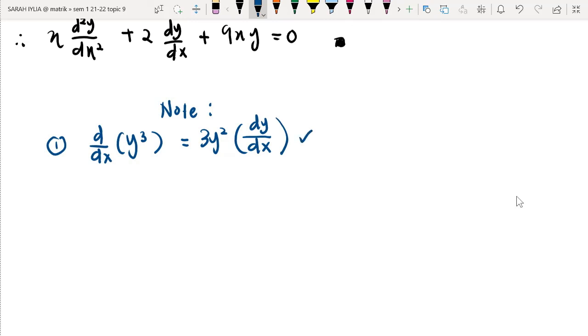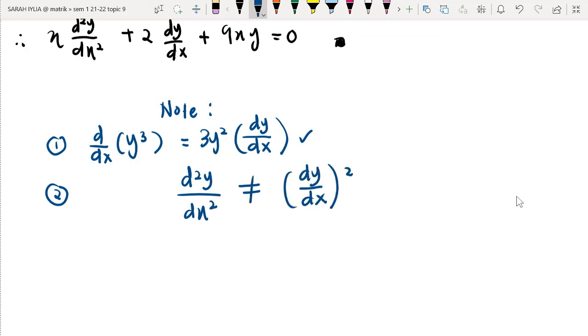Okay, second one, differences between second derivative and dy dx. So ini nak kena take note, ramai orang selalu confuse. Highlight dia, second derivative not the same as dy dx squared. Ini kena hati-hati, dia tak sama maksud. Okay, second derivative d squared y over dx squared is basically we differentiate our dy dx.